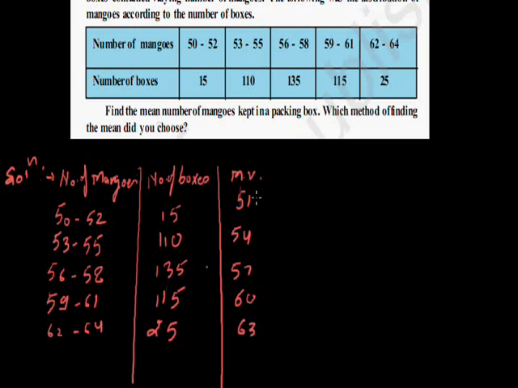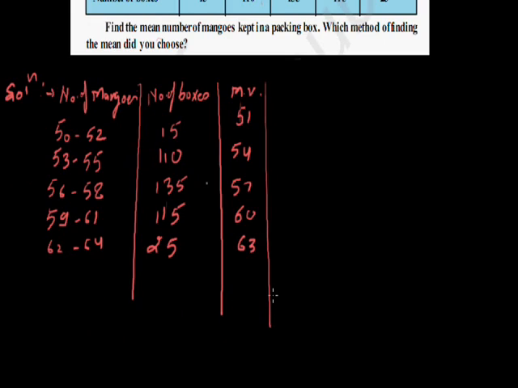In the indirect method we need to assume the mean value, and find di. di is xi minus a.